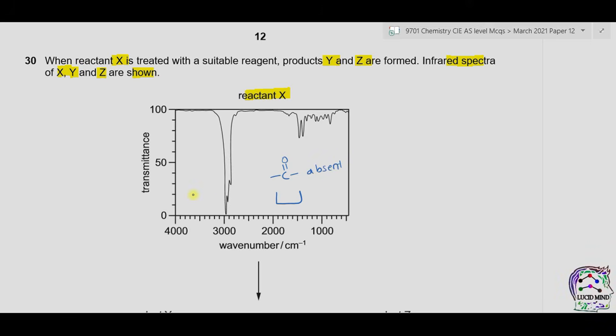And we can also see that the broad peak between 2500 to 3000 is also absent, which was due to alcohol functional group. So alcohol is also absent. So if carbonyl is absent, then it is not aldehyde, nor ketone, neither carboxylic acid, nor ester. And as OH is also absent, this is also not alcohol.